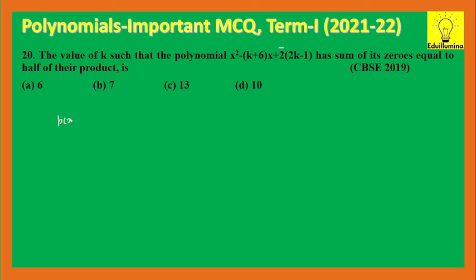So p of x is equal to x square minus k plus 6 into x plus 2 into 2k minus 1. So we are given that the sum of zeros of this polynomial is equal to half of their product, 1 by 2 into product of its zeros.